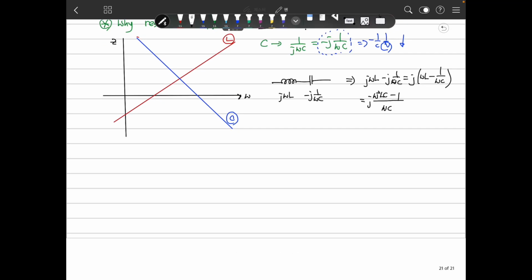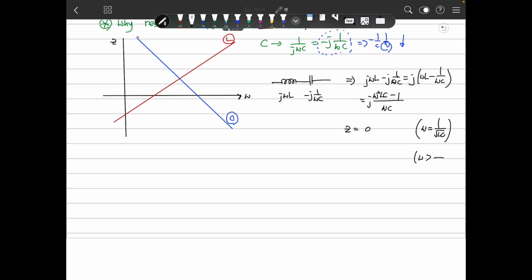In this case, when omega is at this value, the impedance is 0.